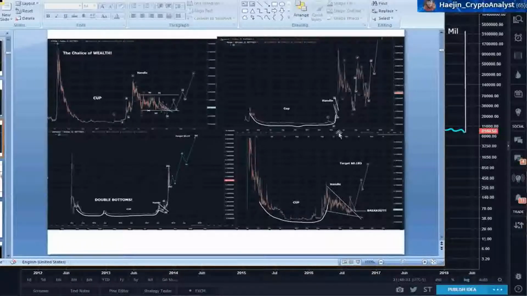I saw this blow up, explode on Zen. I believe Litecoin is going to be the next one. We're seeing double cup and handles, and look how these are using these rounding bottoms as the launching pads. And the chalice of wealth itself will use this as a launching pad. Same as here.